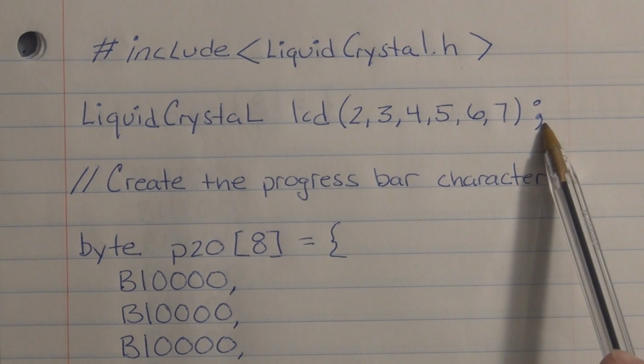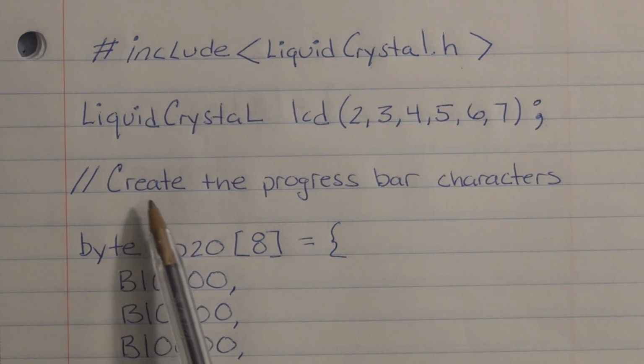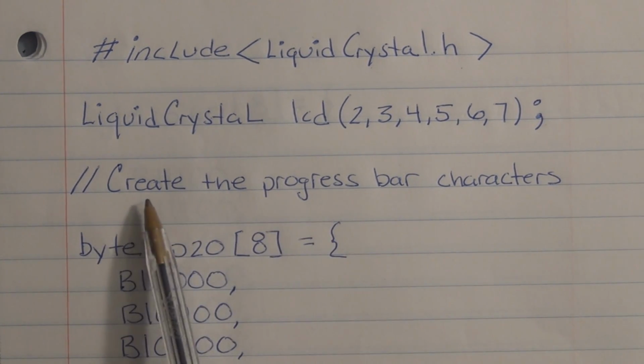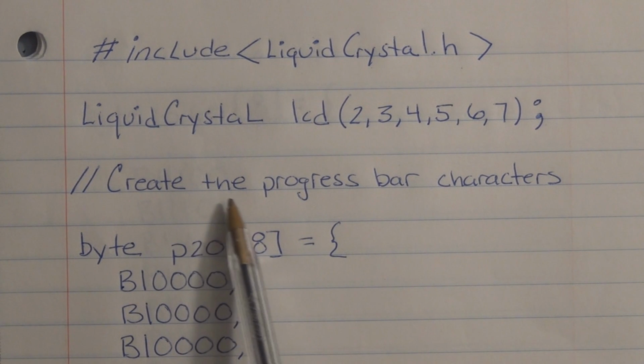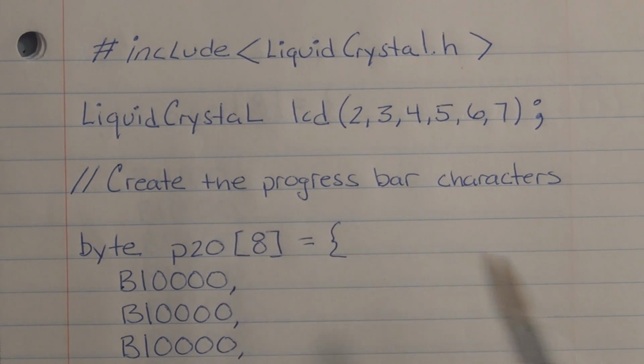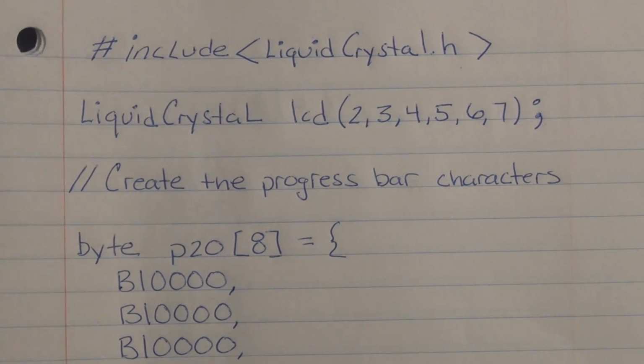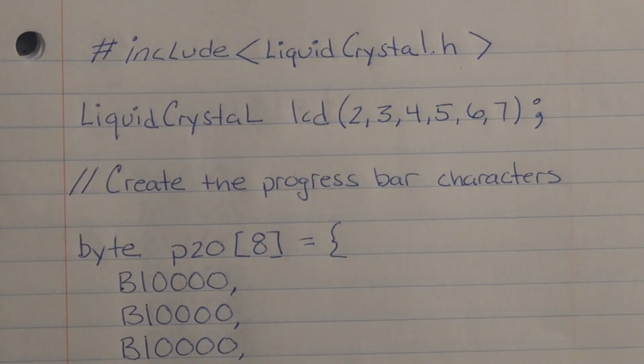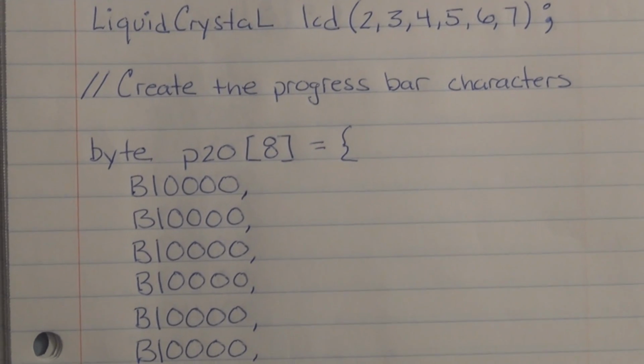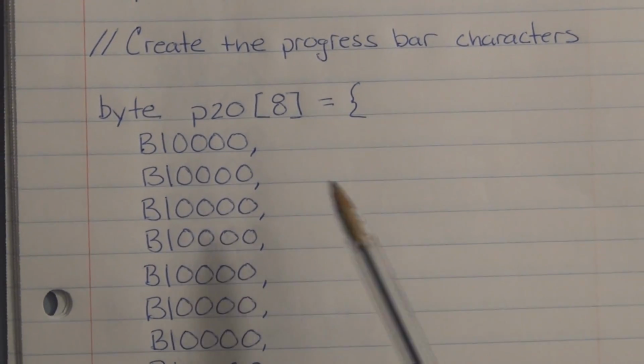Don't forget the semicolon. Now, we touched on this, and this is where we're going to create each of these individual special characters or custom characters. And this is how we go about doing that.